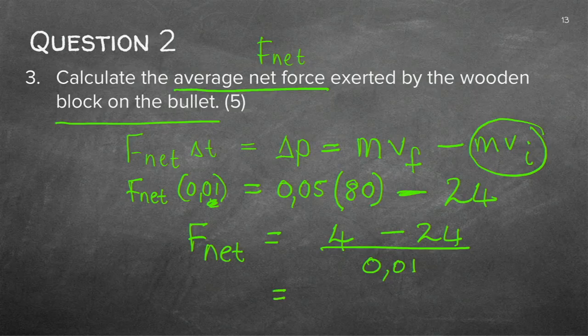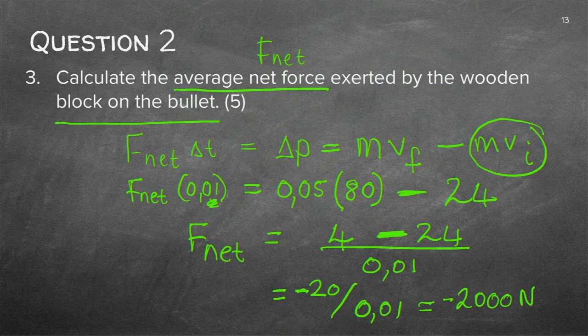And if you now calculate it, just see that you've got that minus there. I've got minus 20 over 0.01, which is negative. Remember, it is a negative direction. You need to calculate that and factor that in. That will give me an answer of 2000 Newton.